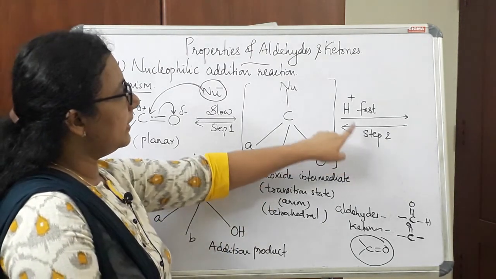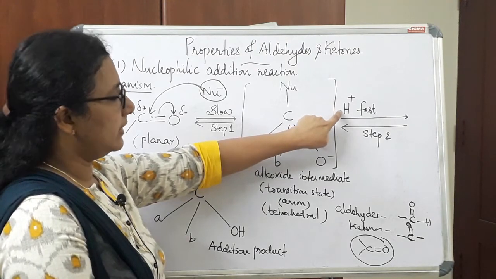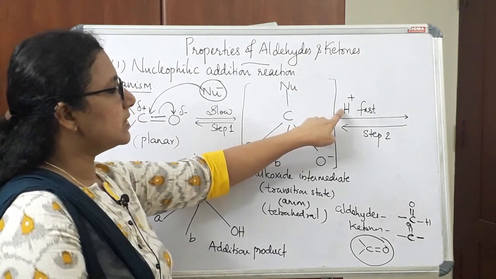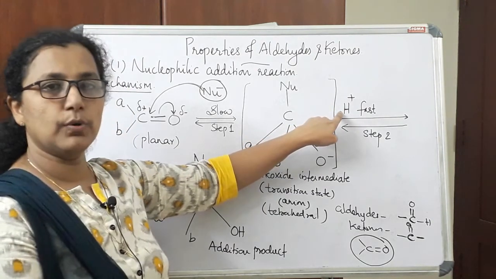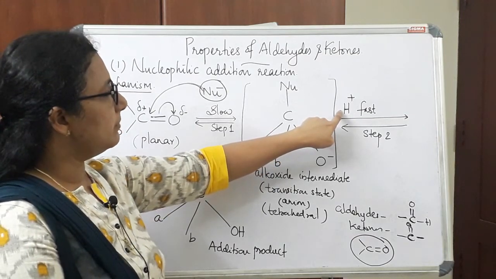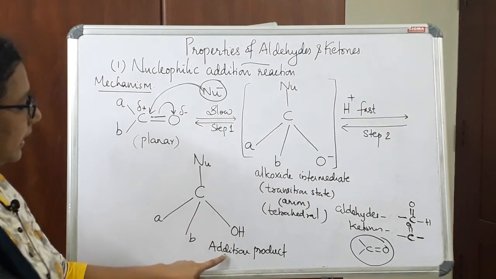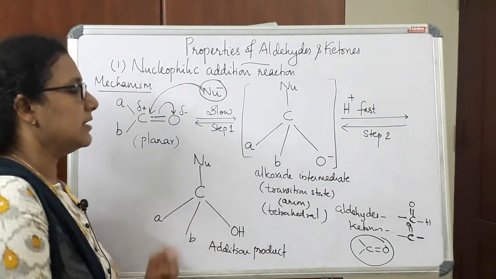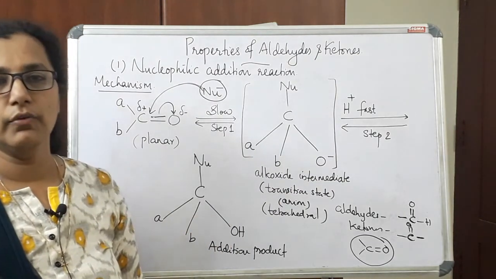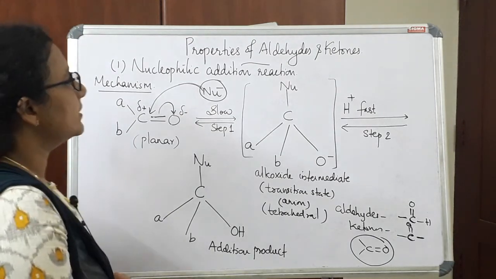In second step, H plus will be attached. So this is the capture of a proton from the reaction medium by the intermediate, forming an addition product like this. So this is the mechanism of nucleophilic addition reaction.